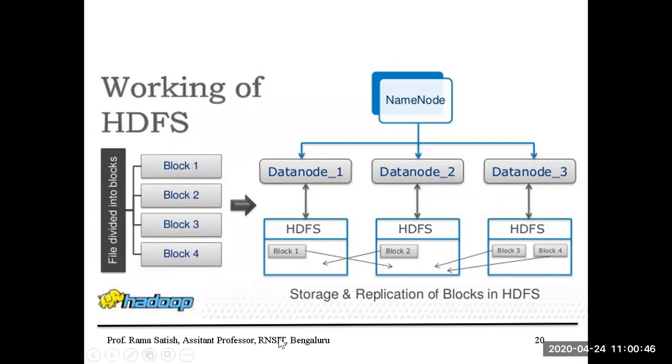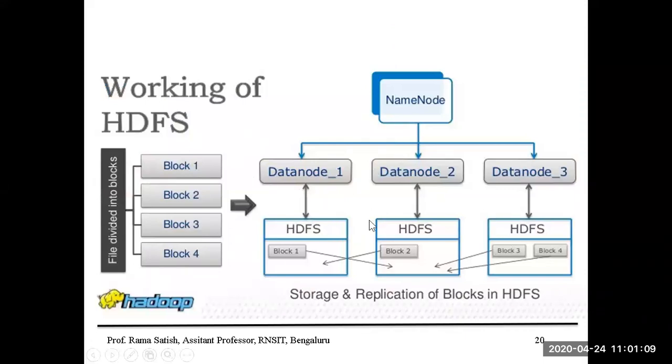Remember, when you divide the file into blocks, these blocks are given to your name node. The name node is the one which distributes these blocks across various data nodes. It will tell which block has to be stored in which data node.